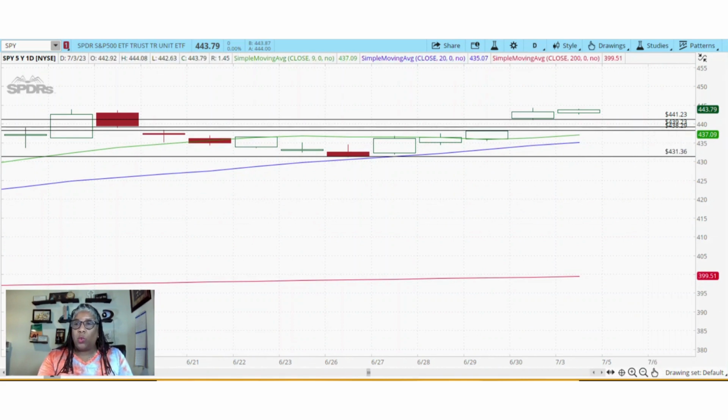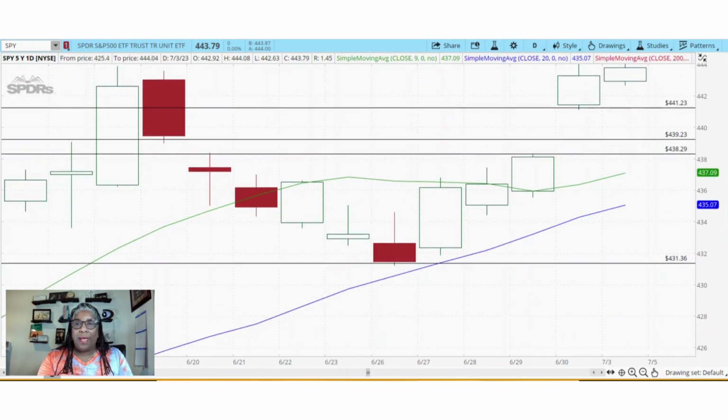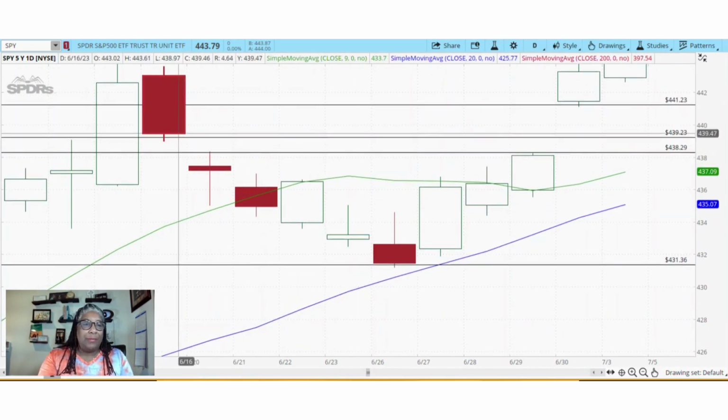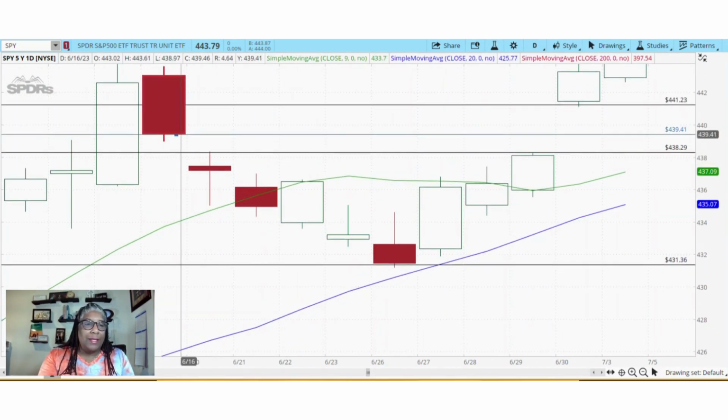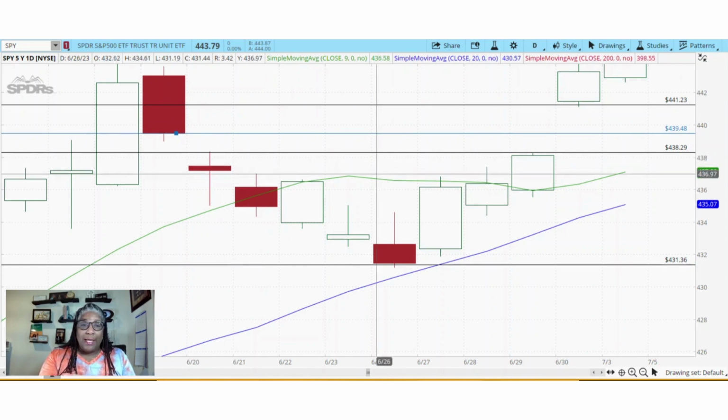There we go. So this gap here was from, like I said, 616, and it went down to as far as 437.46 on 620. Since then, some of the gap was filled over here by 629.